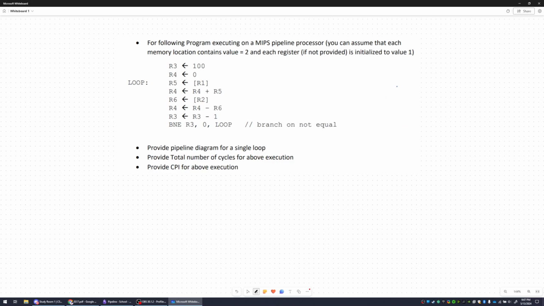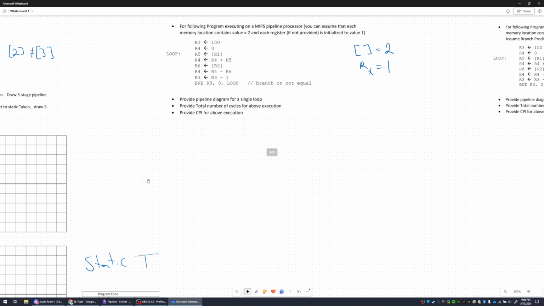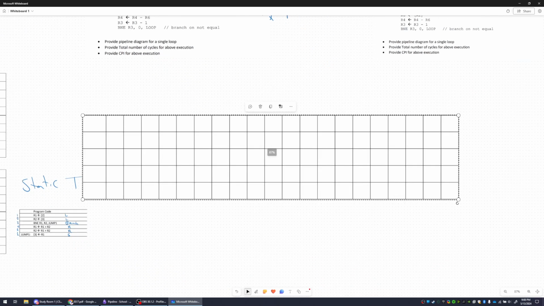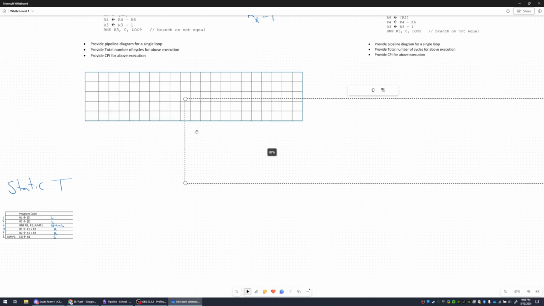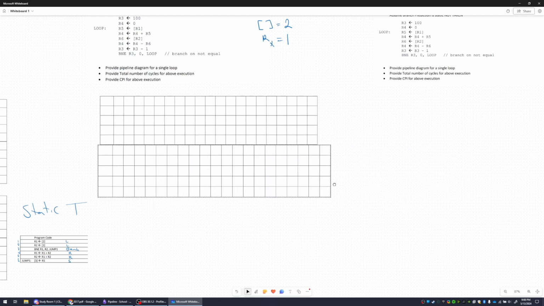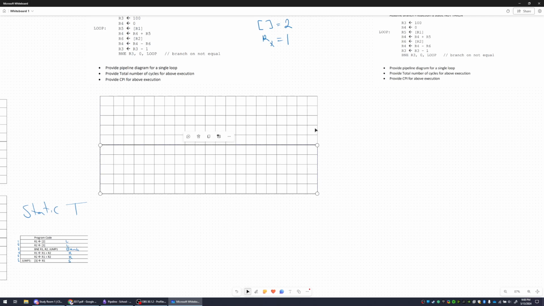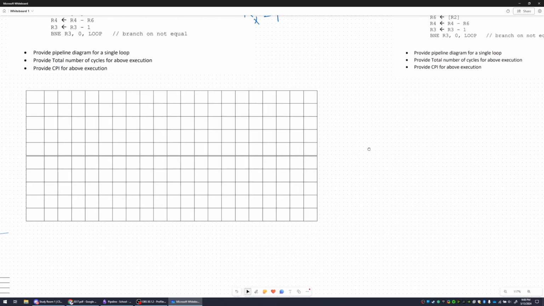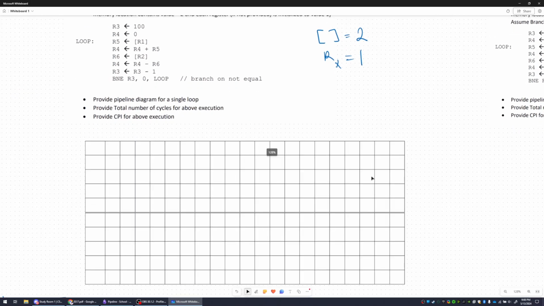Okay, mixed pipeline. Memory addresses equal 2. Registers equal 1. Any branch prediction? No. Okay. This question I haven't done, so if I make a mistake, let me know.